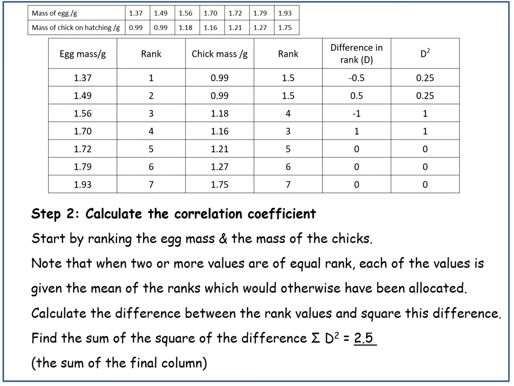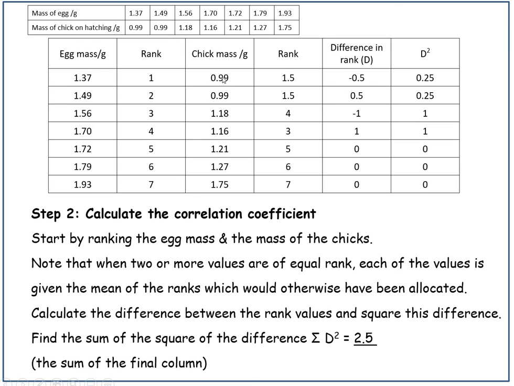Okay, the second step is to calculate the correlation coefficient. So you first of all start by ranking the egg mass and the mass of the chicks. So you start with the lowest up to the highest, so they're in order, and then you have to do the same with the chick mass.